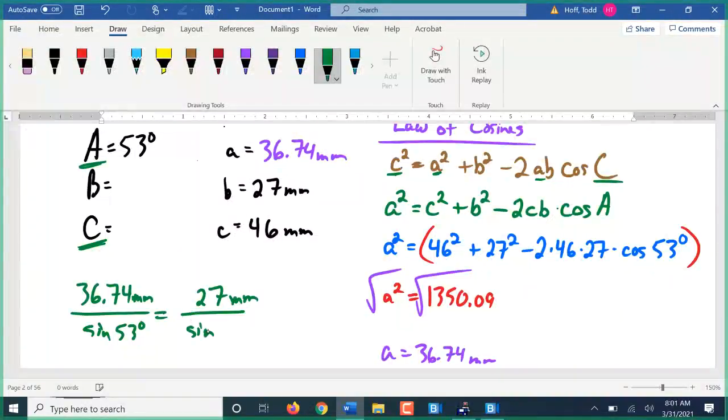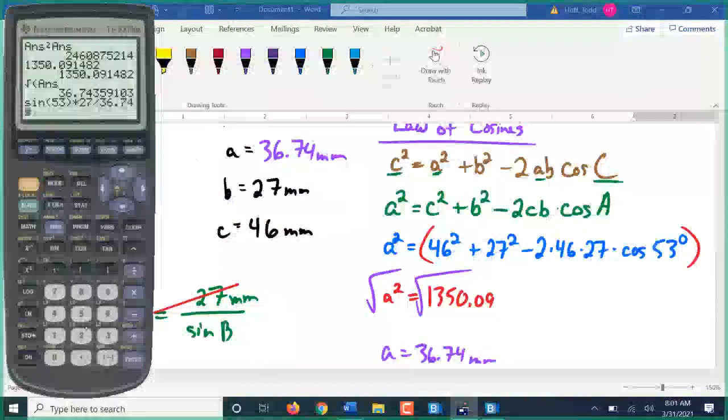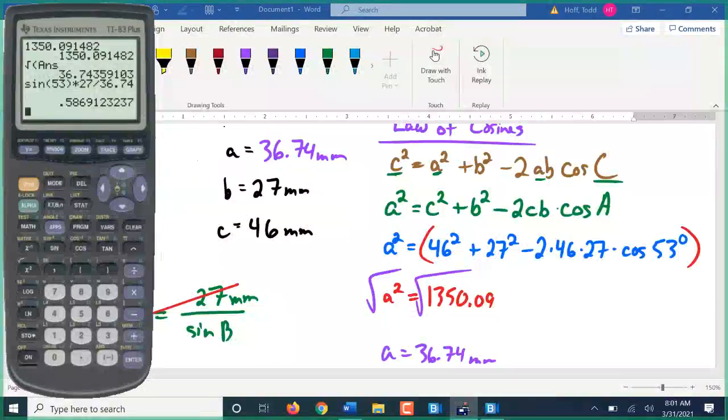That's going to be over the sine of which angle? Cross multiply and divide to find the sine of B. Divided by 36.74. Sine of B is 0.5869.